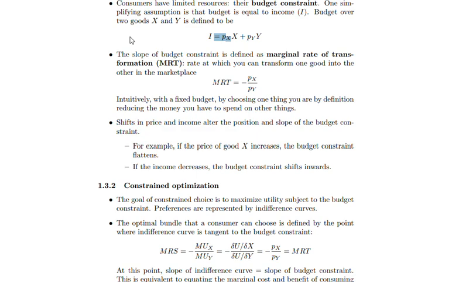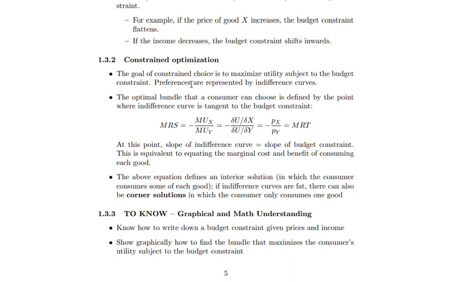But like we said, everyone has a different MRS. So how do we optimize? We just find the point where the slope of the indifference curve equals the slope of the budget constraint line, which is MRT equals MRS. That's how we do constrained optimization.